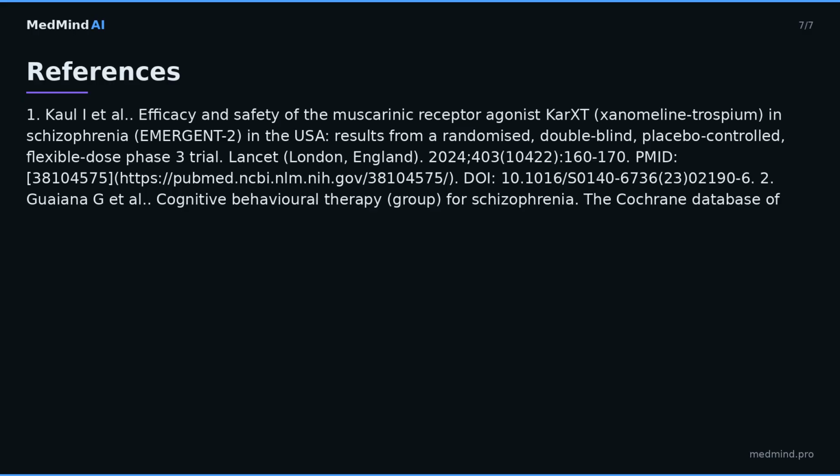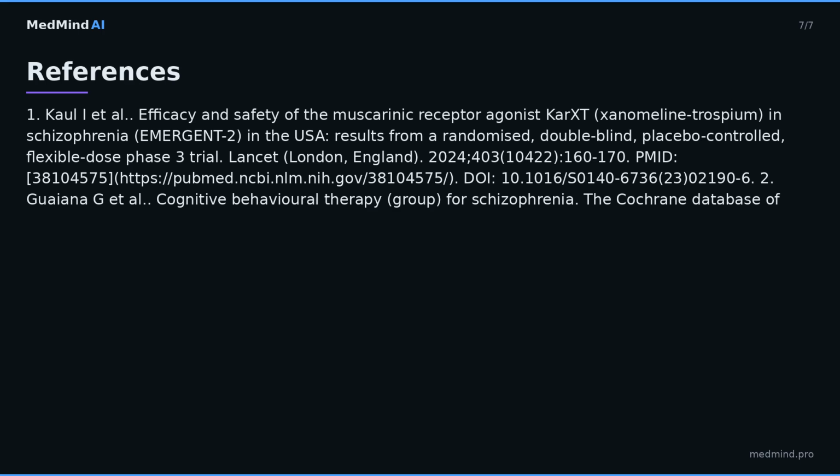5. Zhu M.H. et al. Amisulpride augmentation therapy improves cognitive performance and psychopathology in clozapine-resistant treatment-refractory schizophrenia, a 12-week randomized, double-blind, placebo-controlled trial. Military Medical Research. 2022, 9, 159.